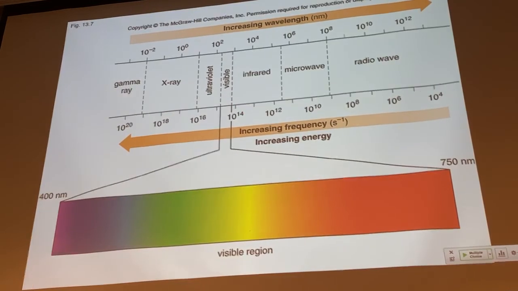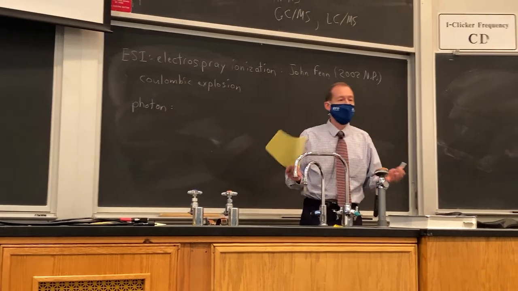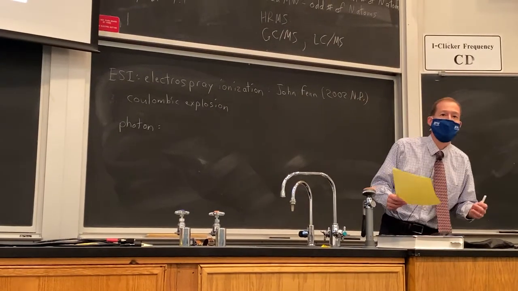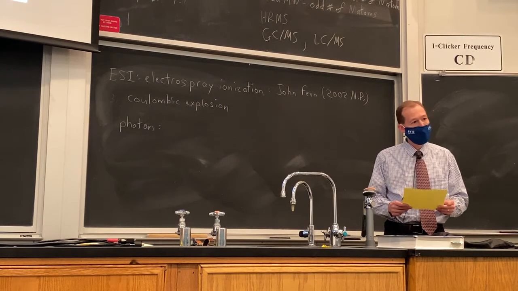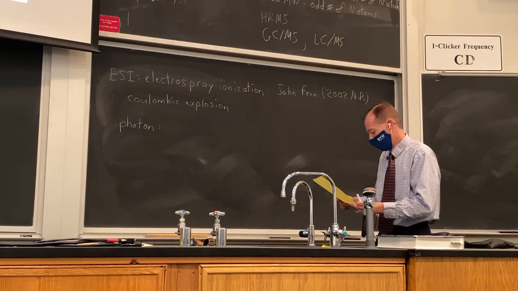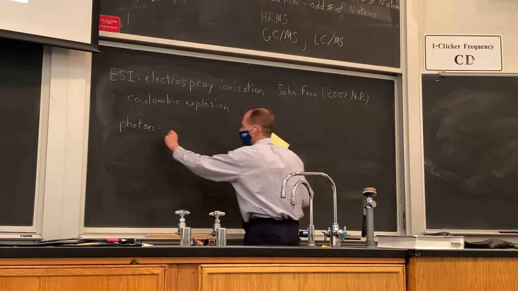So a few terms that we need to understand. Photons. These are terms you've learned in previous classes. What is a photon? Who would like to tell us? Claire. A particle of light, yes. So when you're referring to light as a particle, you would refer to it as a photon.